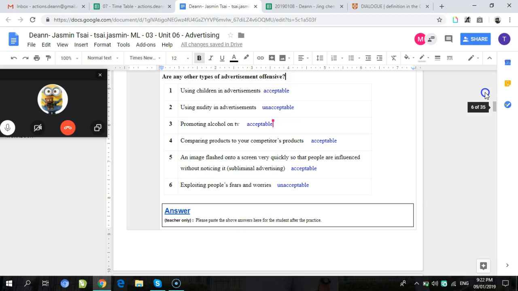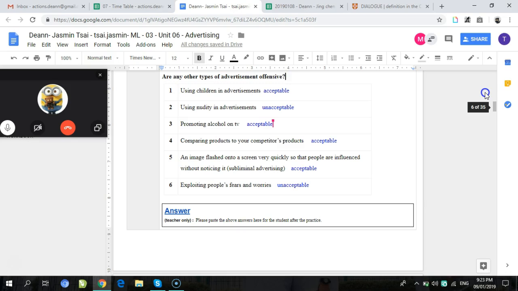We cannot stop them from the things that they can see on TV and online, right? So I agree that it is unacceptable to have those kinds of nudity in advertisements, because children can always see them.